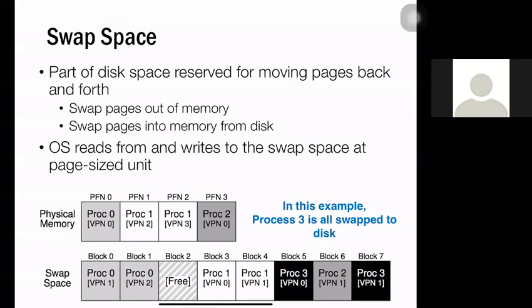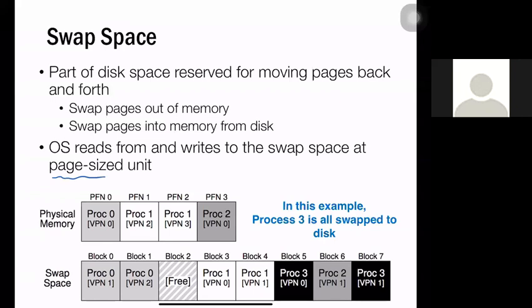At page size granularity. So it basically manages this particular swap space at this virtual page or physical frame granularity. If the size of the virtual page or the physical frame is 4 KB, it then manages this swap space at exactly the same granularity.